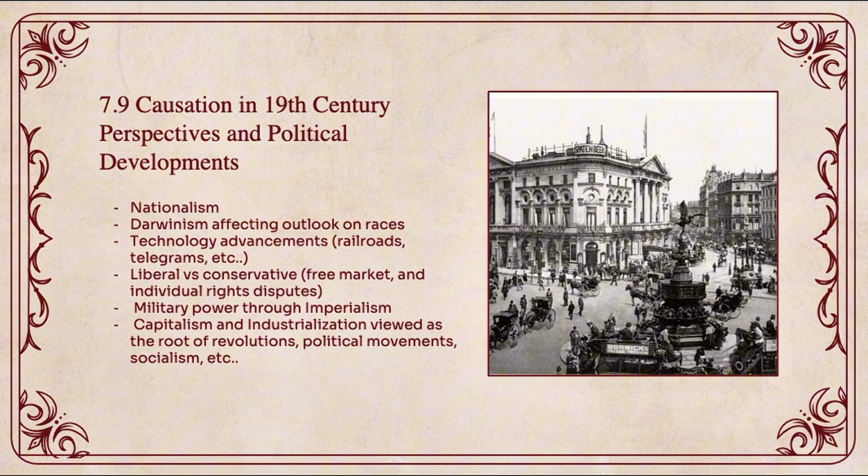Okay, so finally, 7.9, causation in 19th century perspectives and political developments. So first we have nationalism, and people viewed nationalism, well, didn't even view, it was just a straight up cause for most of the things that occurred, with people being more strongly tied to their country and ethnic group.